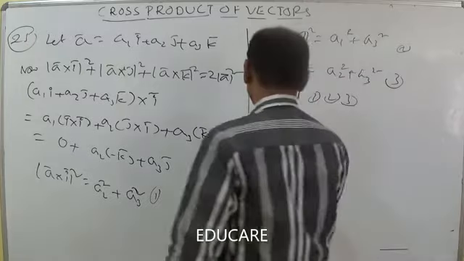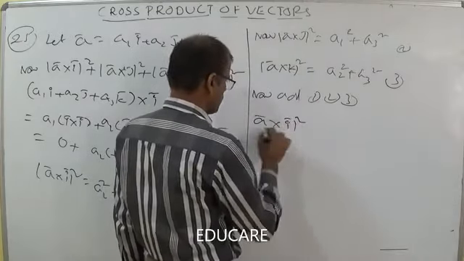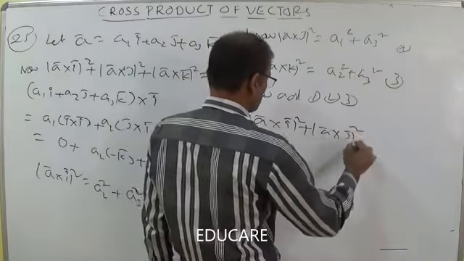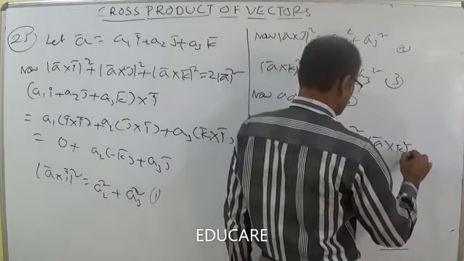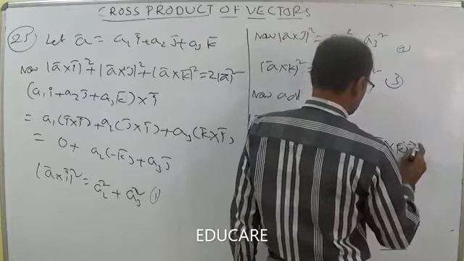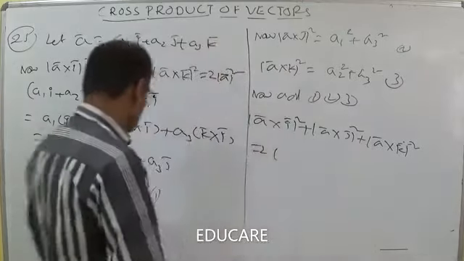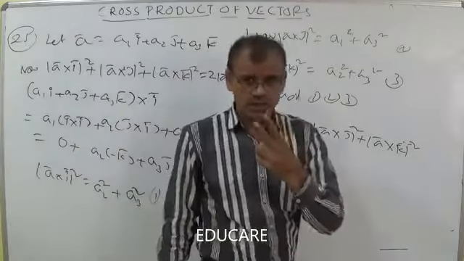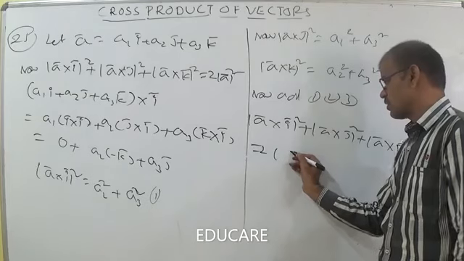You can write here a bar cross i bar whole square plus a bar cross j bar whole square plus a bar cross k bar whole square is equal to: you can understand that here a2 square plus a2 square, 2 a2s are there, a3 square plus a3 square, 2 a3s are there, and 2 a1s are there.